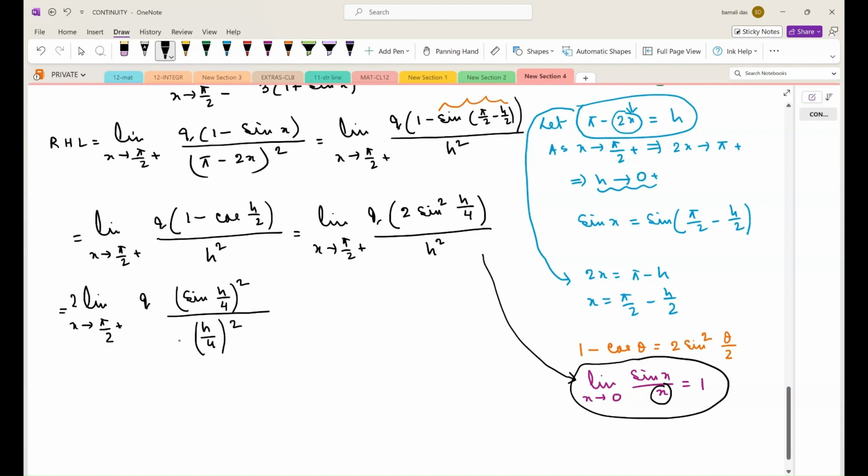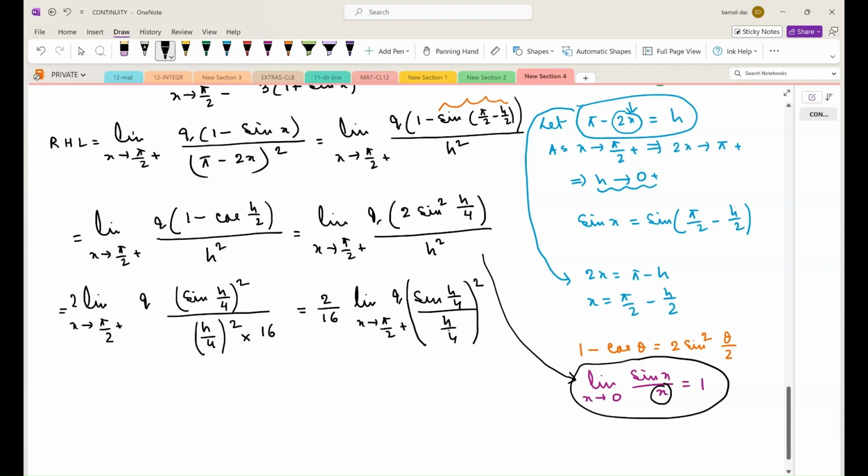But we have to make the adjustment because h square is there, and you have actually divided it by 16. So multiply that with 16 in order to preserve h square. So finally this 16 comes outside. So 2 by 16 limit sine h by 4 by h by 4 whole square.